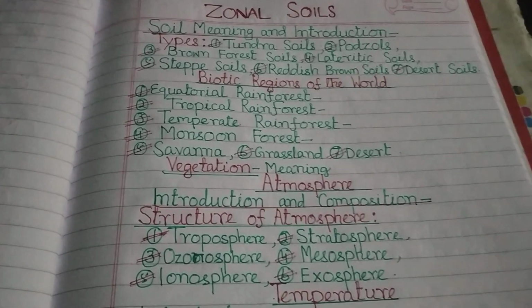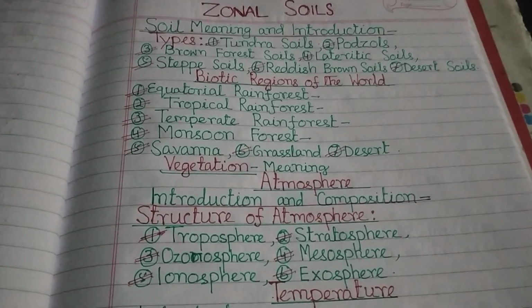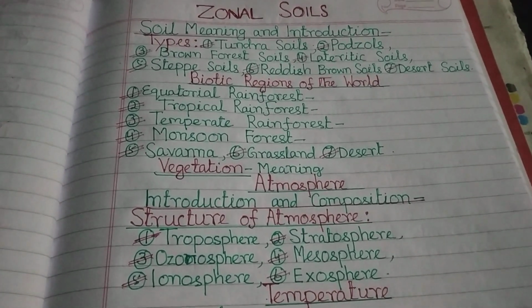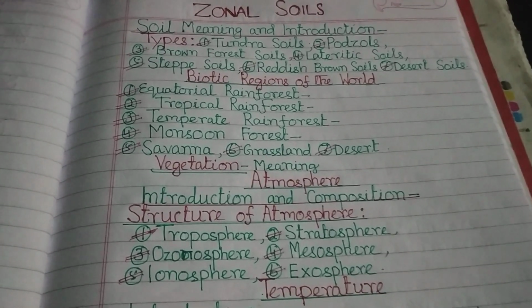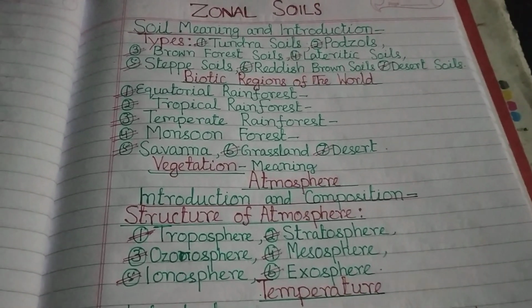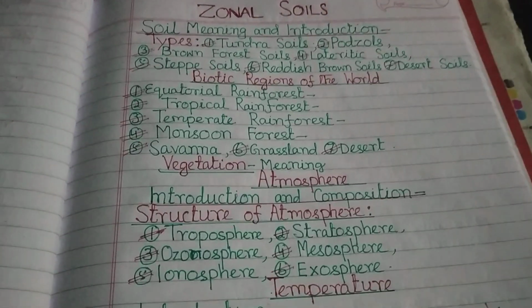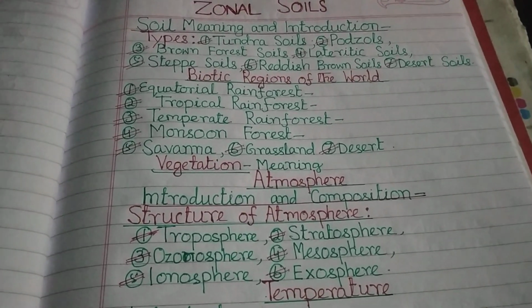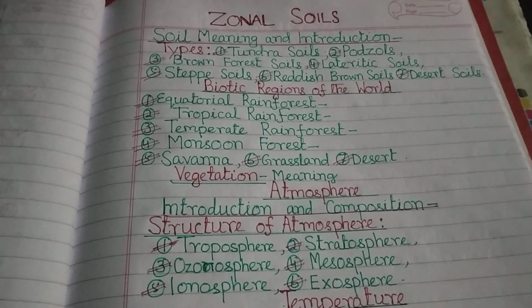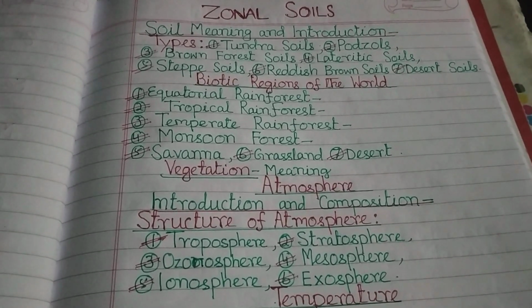Then we have discussed the biotic regions of the world, in particular the equatorial rainforest, tropical rainforest, temperate rainforest, monsoon forest, savanna, grassland, desert, etc. And the vegetations relating to such biotic regions and their location in different continents and countries all over the world that we have discussed.